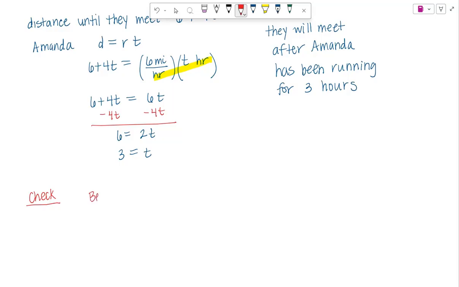Ben first went 6 miles before Amanda took off, and then he's going to go 4 miles per hour for 3 more hours. So this is his rate, and this is the time.